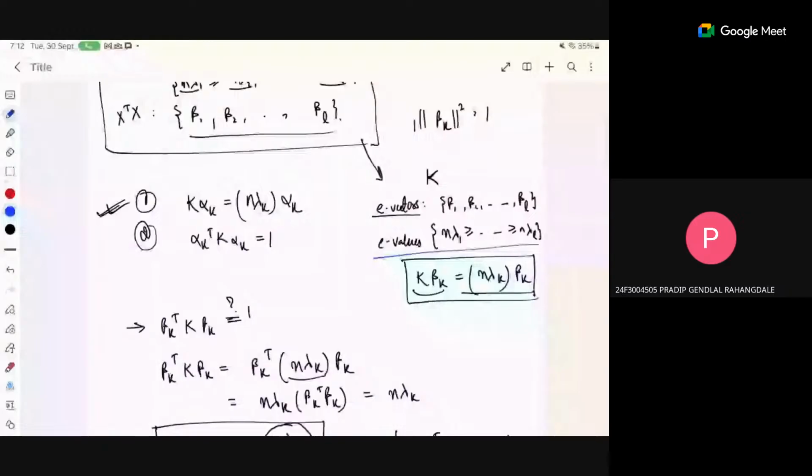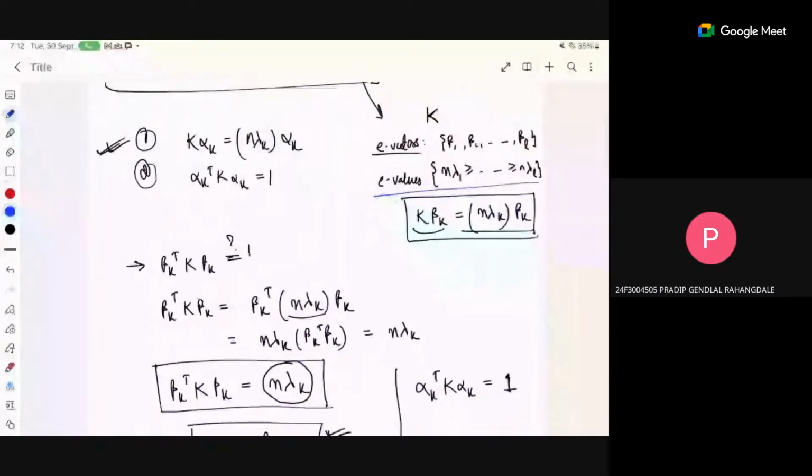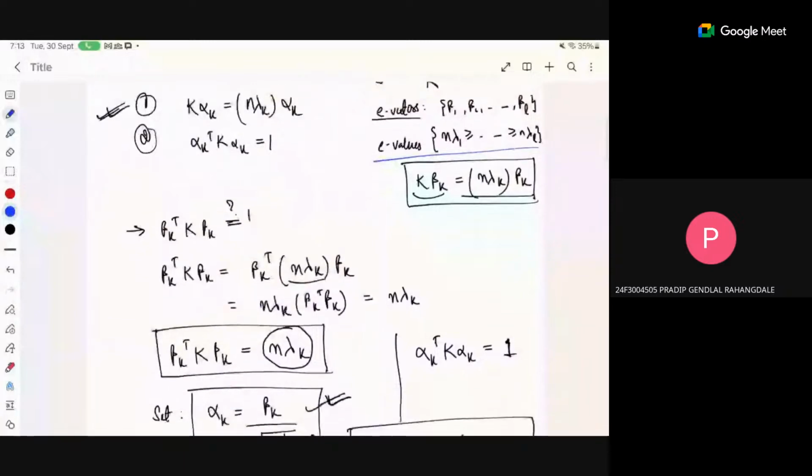Okay, thank you. Ma'am, one more doubt. How did you conclude that the eigenvalues of X transpose X and XX transpose are the same? You can prove it. We have not done the proof, but it's a slightly longer proof. So this is a fact.